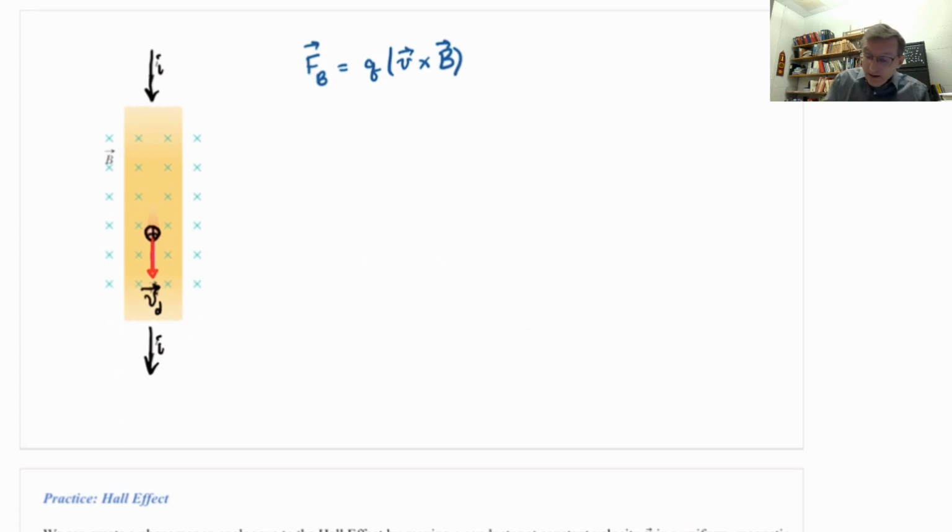All right, well, let's use the right-hand rule to get the direction of V cross B first. I like the two-pen approach, the red pen for V and the green pen for B, and I hold them with the V horizontal towards me and the B down. Okay, and I do the right-hand rule, pushing V on top of B, and I get the direction of V cross B is to my right.